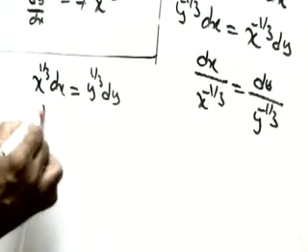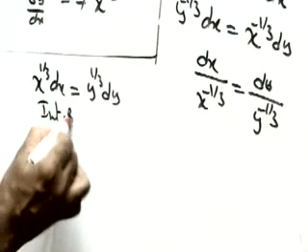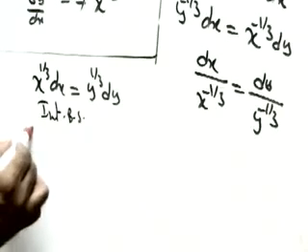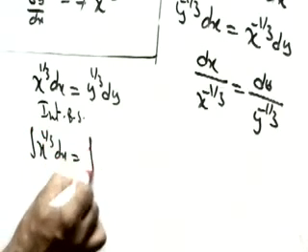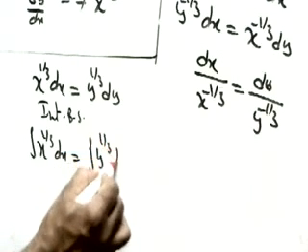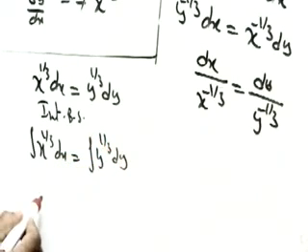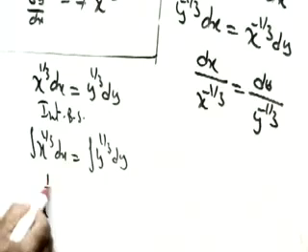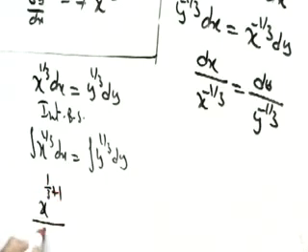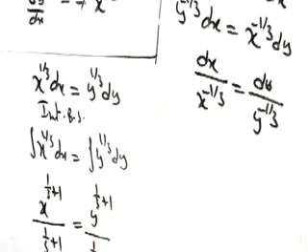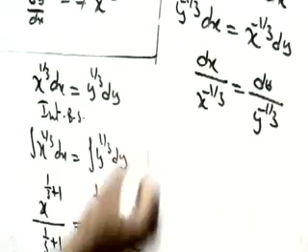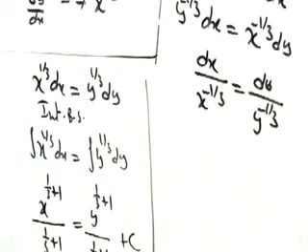With dx we got x, with dy we got y. Now we can integrate both sides, so integration of x power 1 by 3 dx equals to integration of y power 1 by 3 dy. Now integration of x power n will be x power n plus 1 by n plus 1 equals to y power n plus 1 by n plus 1 plus c.